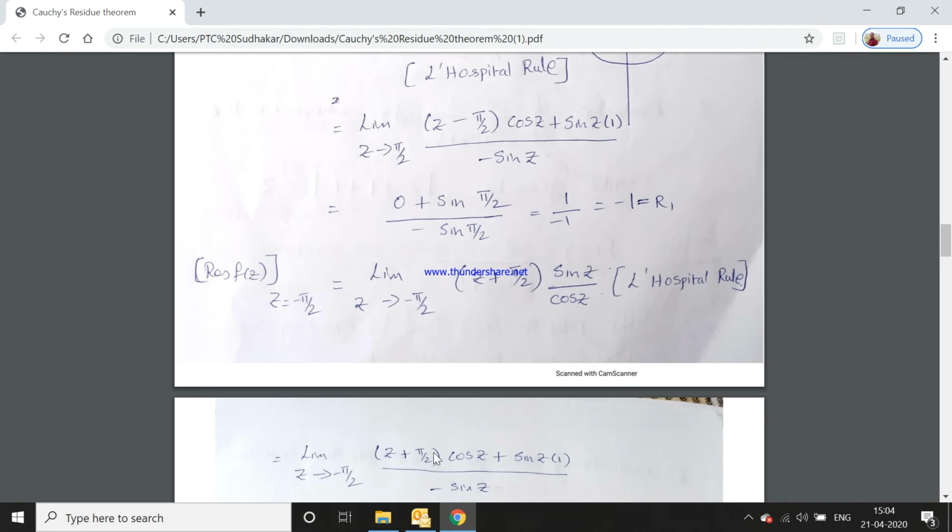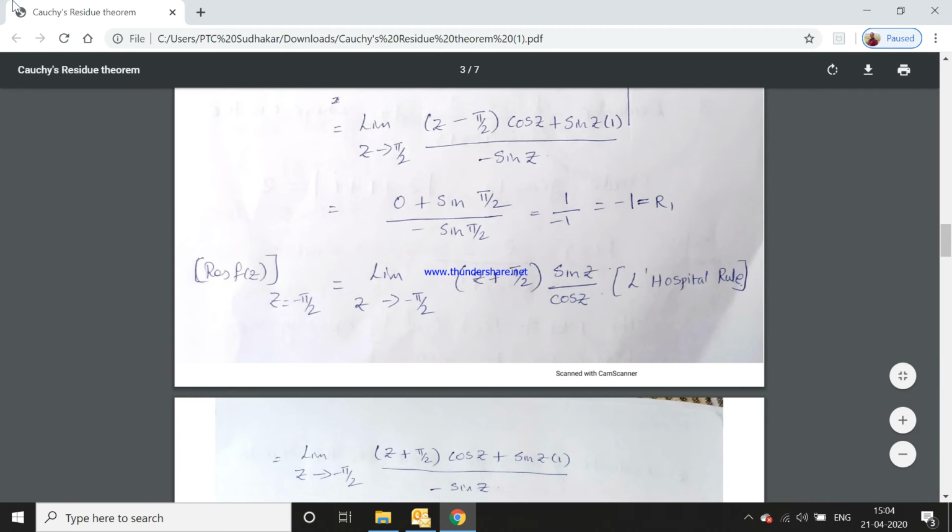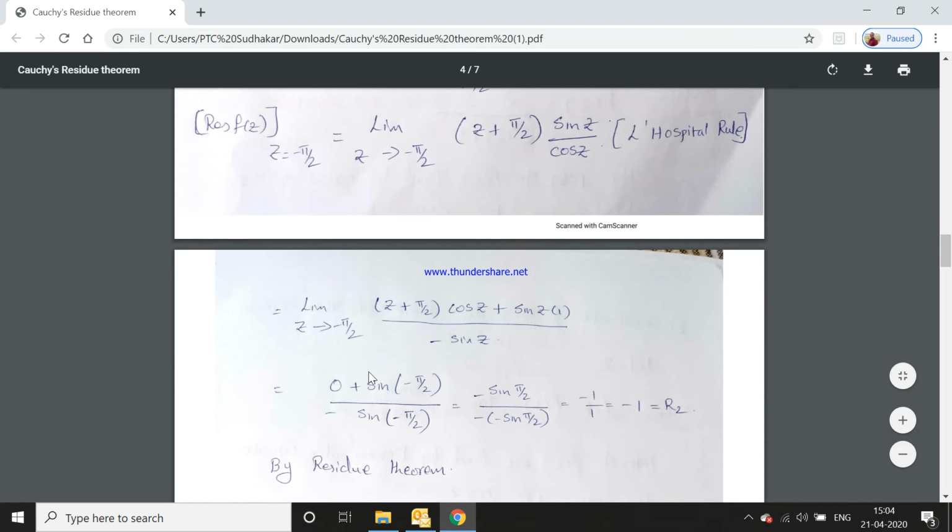We get (z plus pi by 2) into cos z plus sin z into 1, by minus sin z. Then applying the limit, z plus pi by 2 is 0, and 0 into cos of minus pi by 2 is 0, so that part is 0.